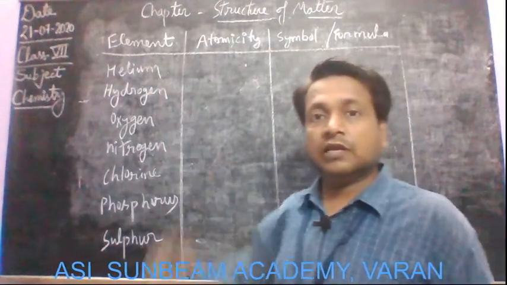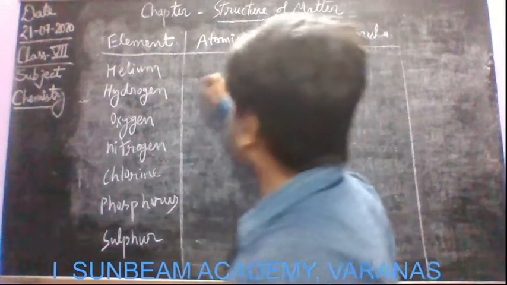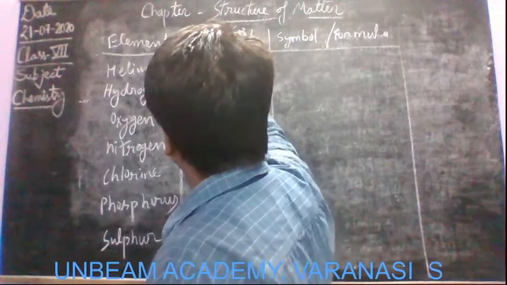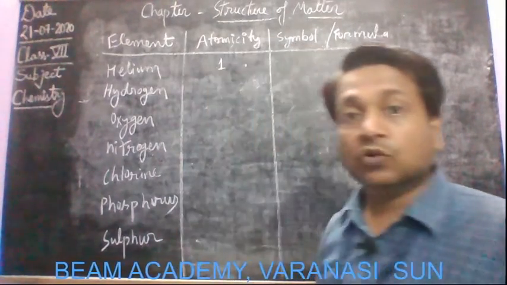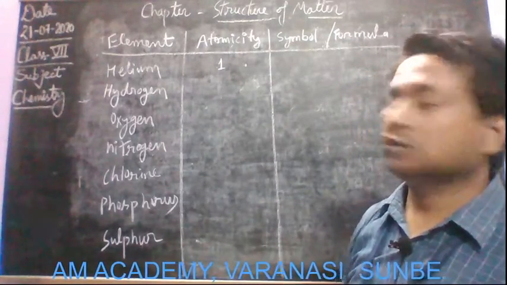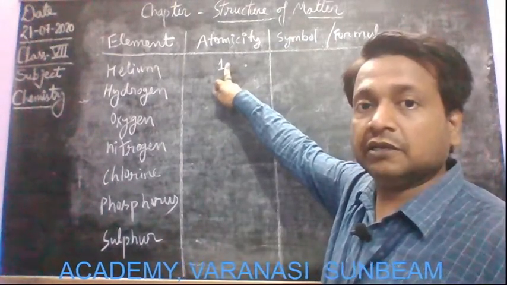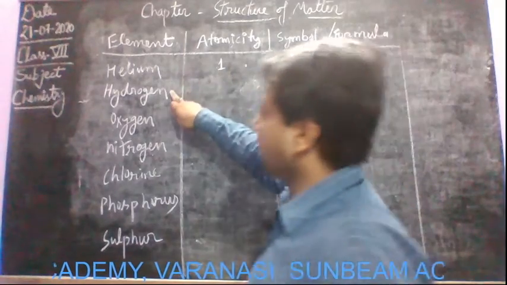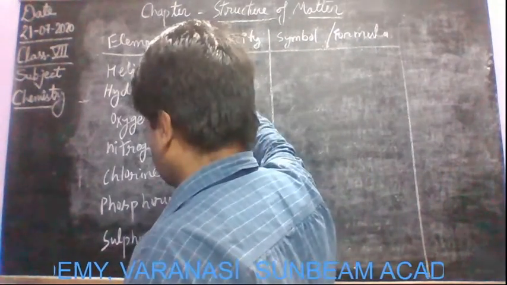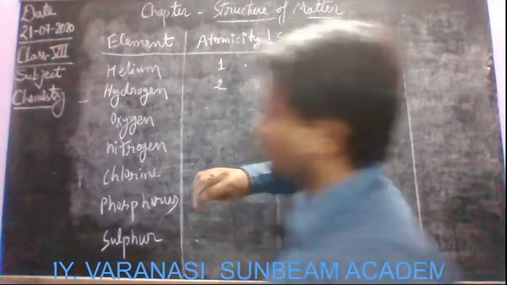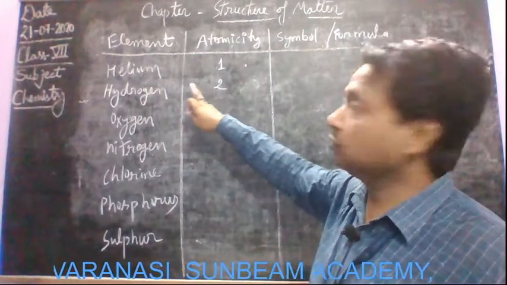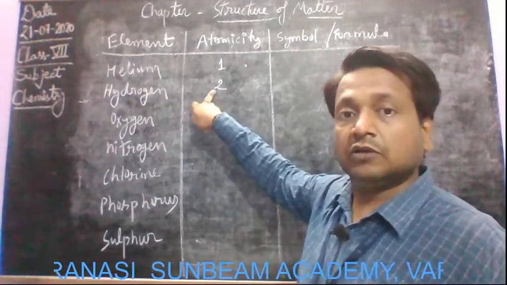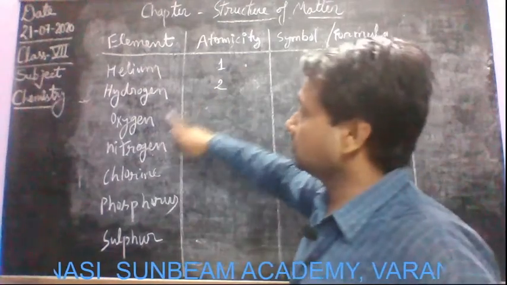Now, come to their atomicity. Helium is monoatomic, which means that one atom is present in one molecule. Hydrogen is diatomic because one molecule of hydrogen is made up from two atoms of hydrogen.